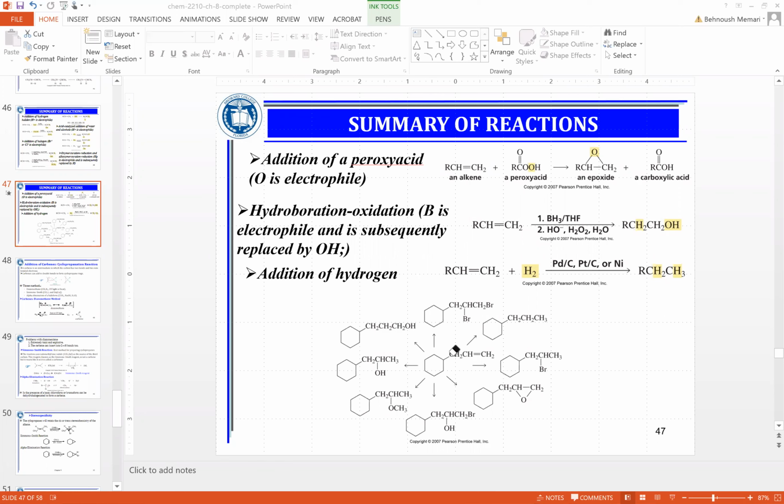So if this was a number 1, what would be the reagent? So you would write here 1 is going to be addition of HBr, so it's going to be HBr. And then what type of addition is this? Is it Markovnikov or is it anti-Markovnikov? Because if it is anti-Markovnikov, then it is not the direct addition of water.